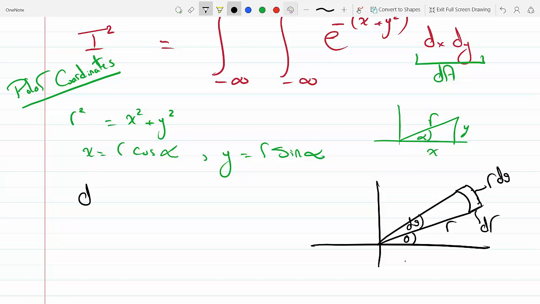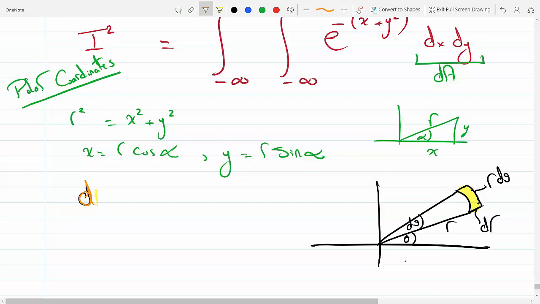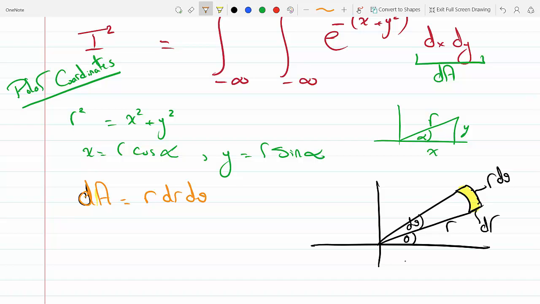So this shaded area here is somewhat of a rectangle, and the area of that rectangle is just length times width, which is dr times r d theta. So dA becomes r dr d theta. You can think of that little piece as a rectangle.